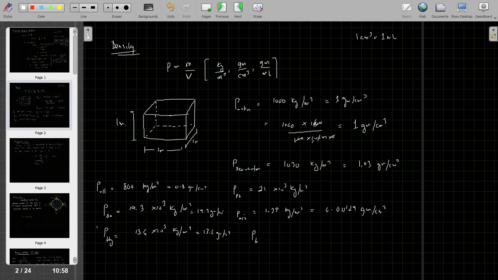So density of blood is 1.04 gram per centimeter cube, which will give you 1.04 into 10 to the power 3 kg per meter cube.